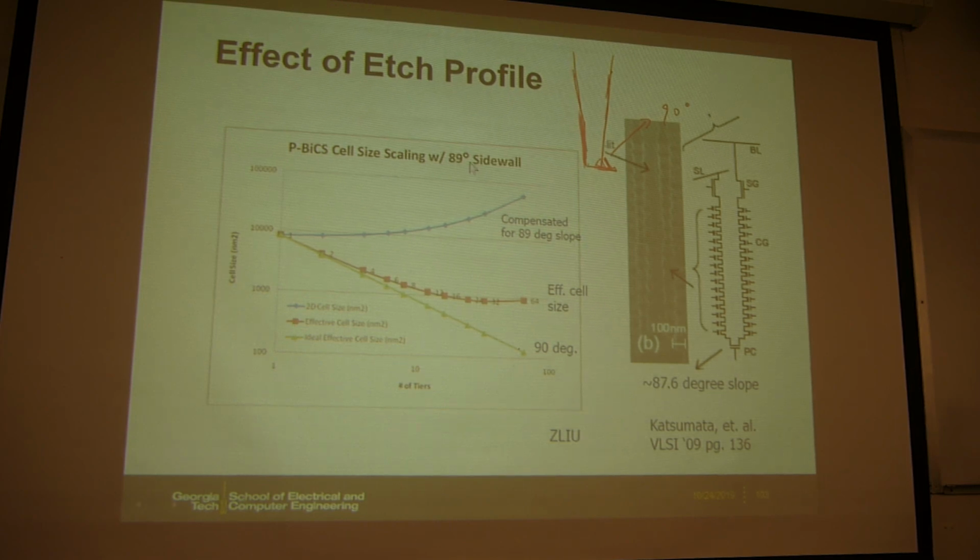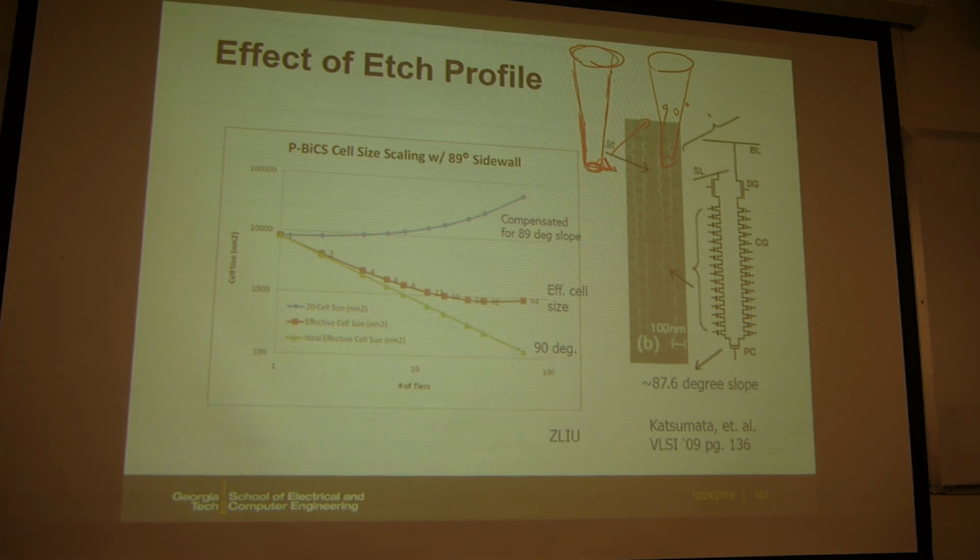If it's 89 degrees, then although at the bottom you may have like 30, 40 nanometers, at the top, if you stack like 100 layers, the top will become like hundreds of nanometers, and then the density is determined by the top, because this is another, let's say, another pillar, right?